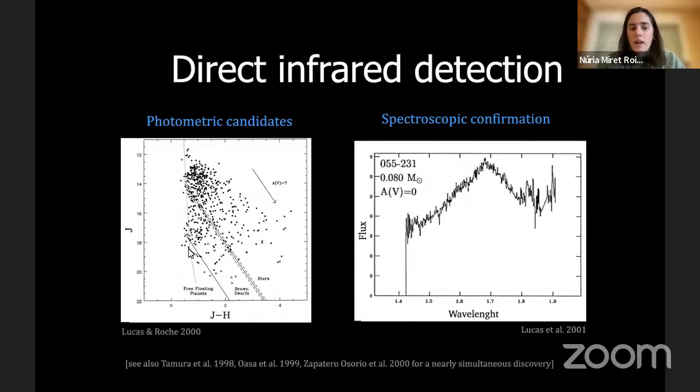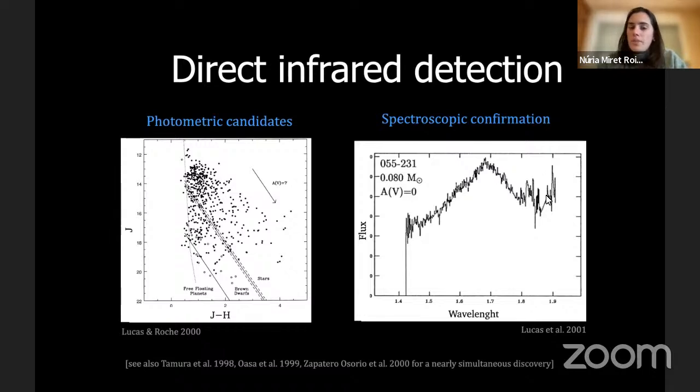So once we have a few candidates of free-floating planets, we need to obtain spectra, even if it's low-resolution spectra. One of the things that already are very useful is to study the continuum emission of these objects, because, for instance, in the infrared, they have this triangular shape, which is very characteristic of brown dwarfs and free-floating planets.